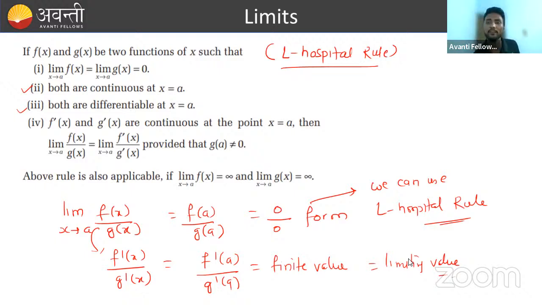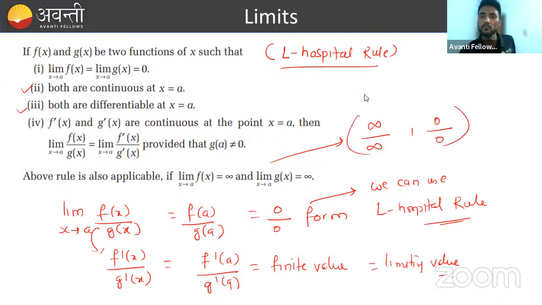Wherever the finite value comes, you have to stop there. This way we can use the L'Hospital rule, and it is also applicable if we are getting infinity by infinity form. So infinity by infinity form and 0 by 0 form, we can use L'Hospital, right?